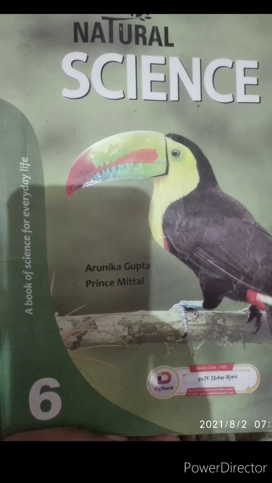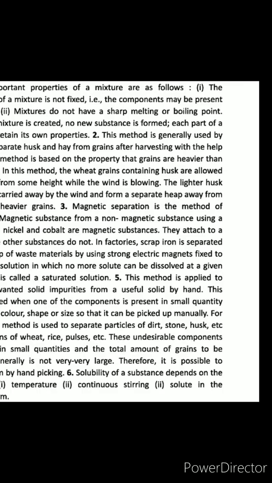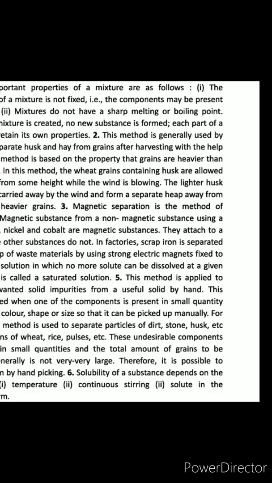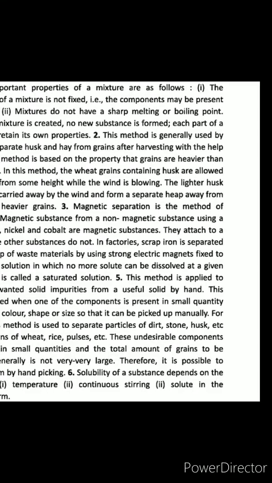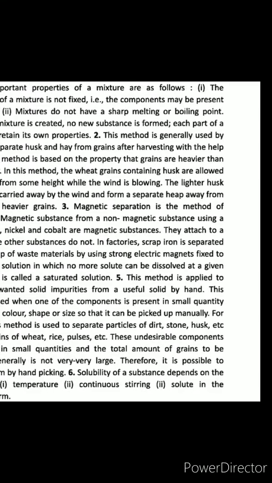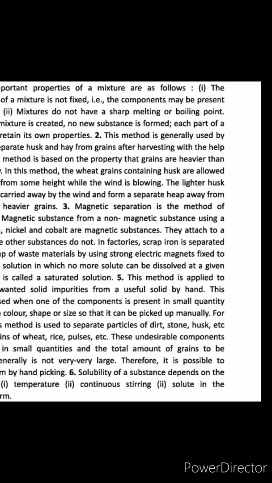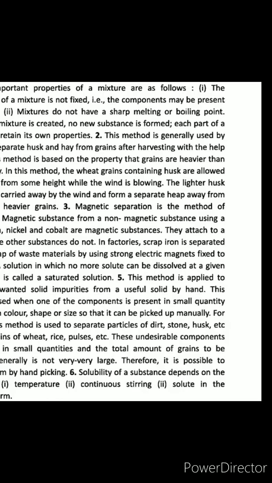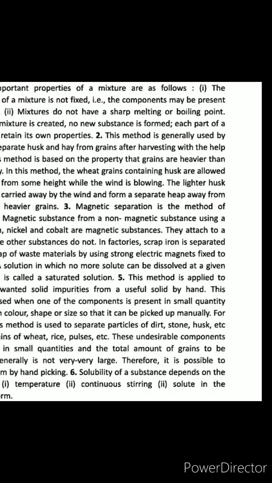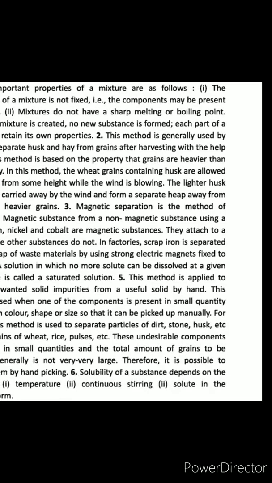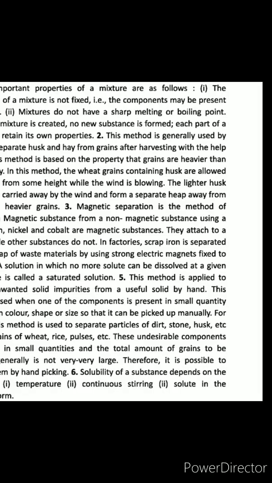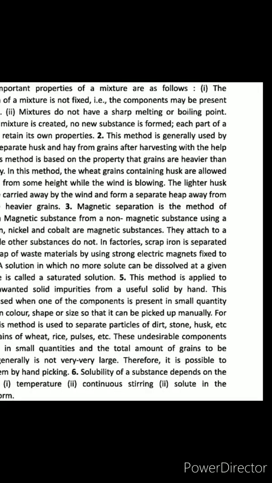First one, the composition of a mixture is not fixed. The components may be present in any ratio. Second one, a mixture does not have a sharp melting or boiling point.